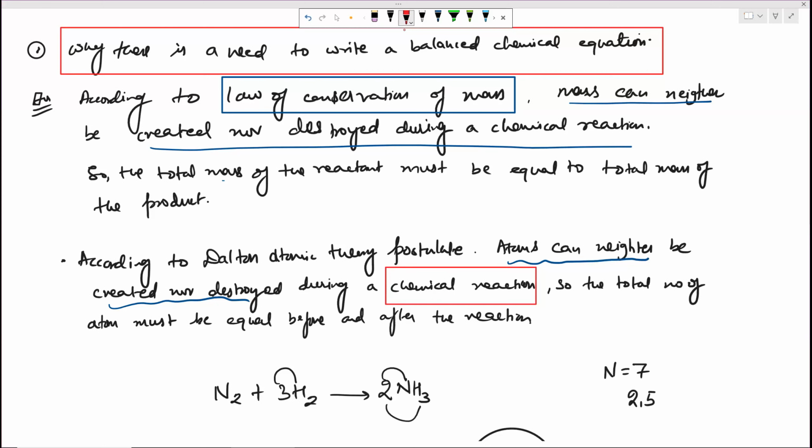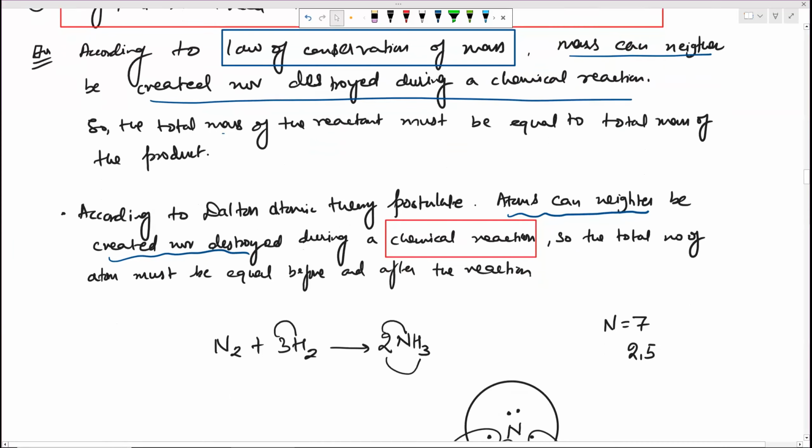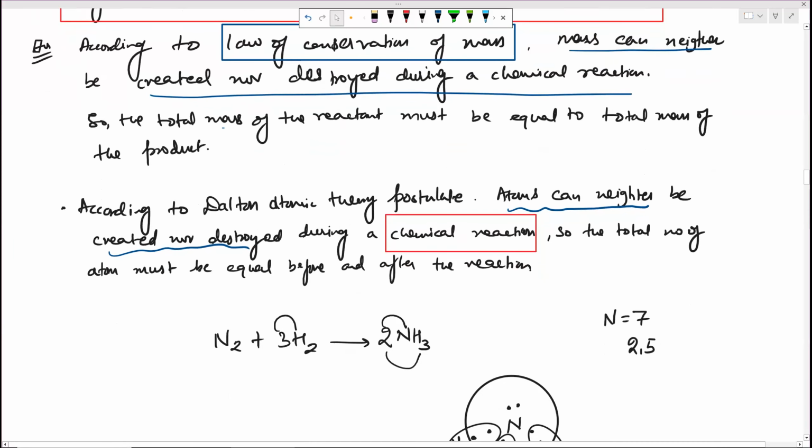So the total number of atoms of each type must be equal before and after the reaction.